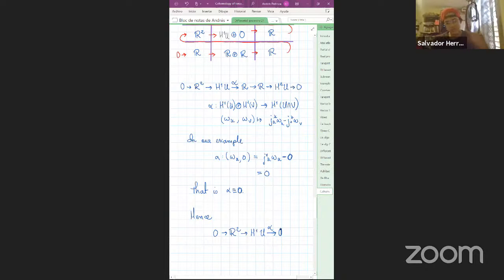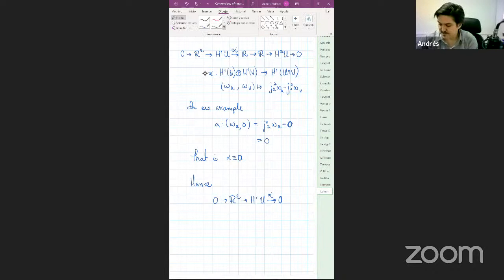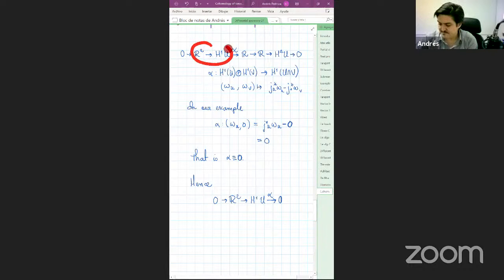Yeah, that's the map. And that is an exact sequence. That means that whatever this map is, this is an isomorphism, this map here.